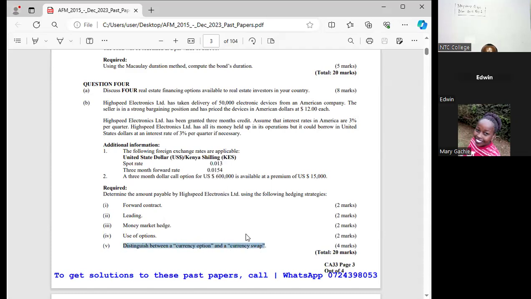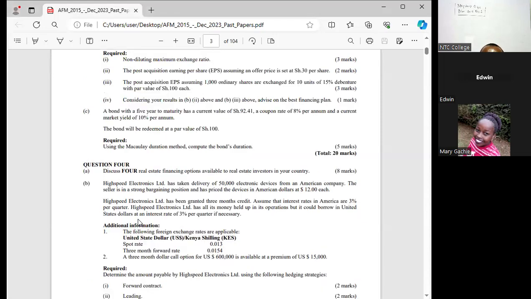Explain the differences. That is the last sitting. Ratios were easy. That one you have, 4 marks you have. But we have these notes. Use of options. Aya, read this question now.